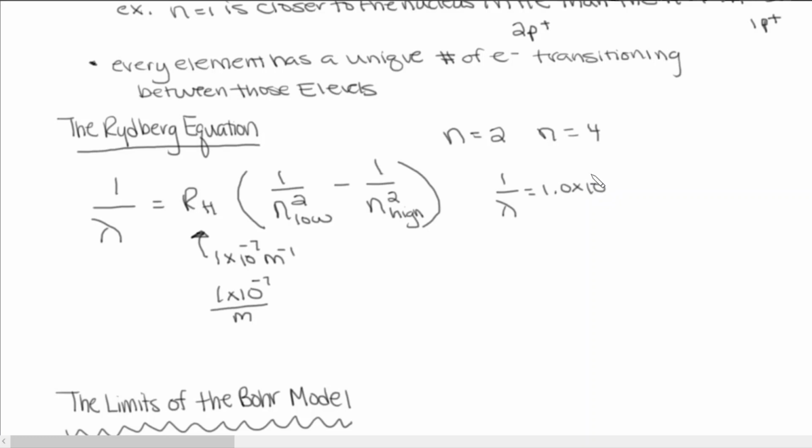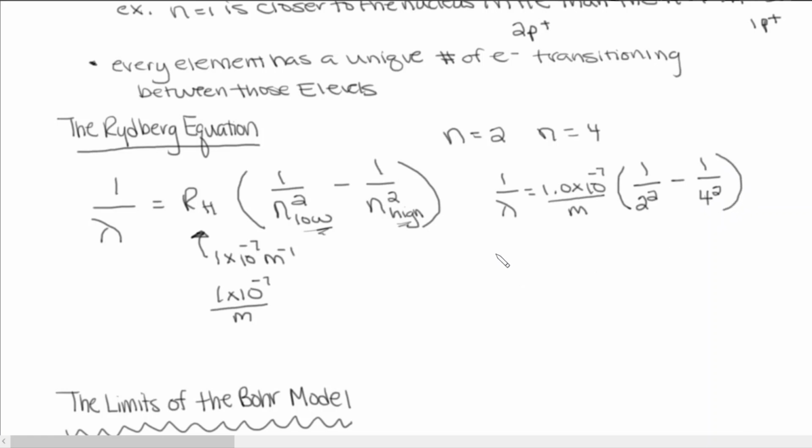So plug in that constant, 1 times 10 to the negative 7th over meters, times 1 over the lower energy level squared, so that would be 2, minus 1 over the higher energy level. Where did that electron start out at? Started off at the 4th energy level squared.